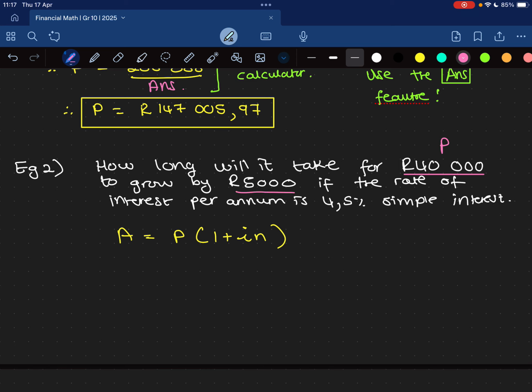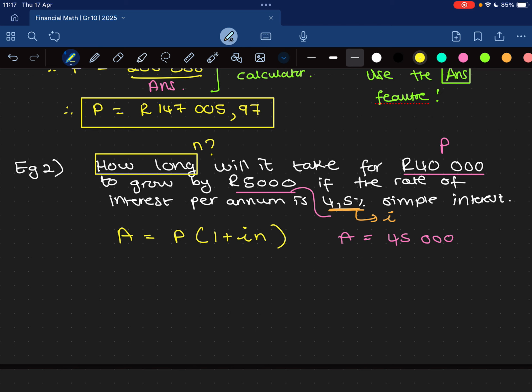Then 5,000 is how much it's going to grow by, which means that the A value is going to be 45,000, because it grows by 5,000. Then the 4.5% is obviously going to be the interest. And they want to know how long. So how long is the N value that they want.